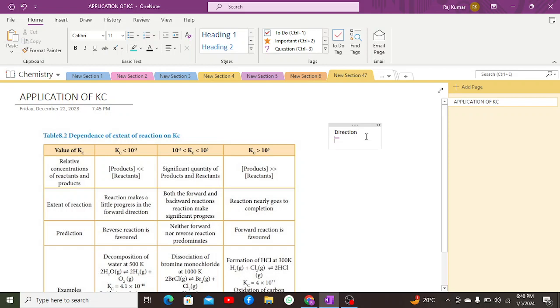Now this is the first part, in which we learn how to determine the direction with the help of Kc. The second part includes the extent of reaction. What does extent mean?